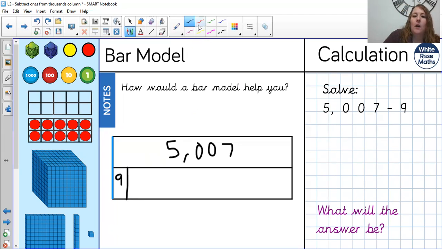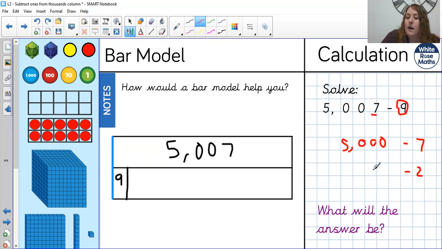So again, I'm just going to use the note form at the side, and I'm going to take away 9 in total, but I'm going to start by taking away 7. So if I take away 7, I know that 5,007 take away 7 is 5,000. And I know that's take away 9 in total. I can take another 2.